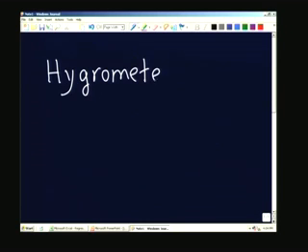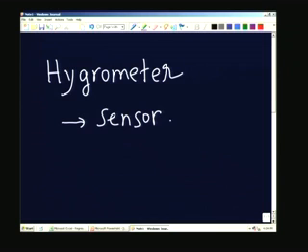A hygrometer uses a sensor; we will not go into great details. We just assume that there is a sensor with some property of the material used in the sensor, for example, the electrical resistance.